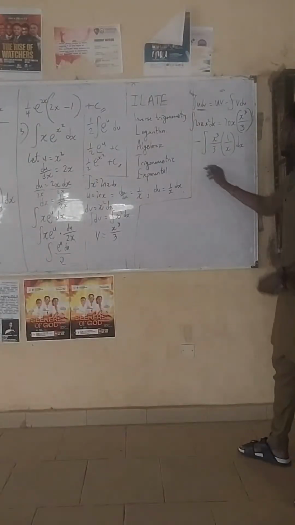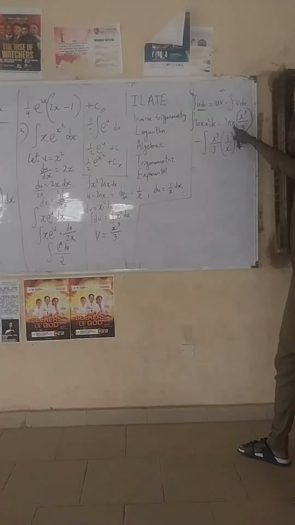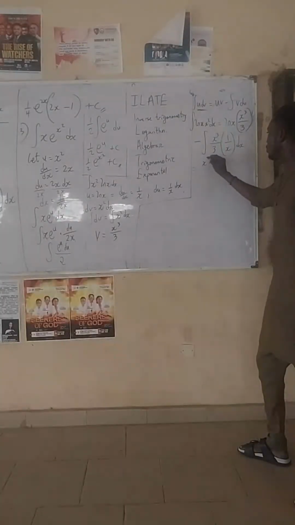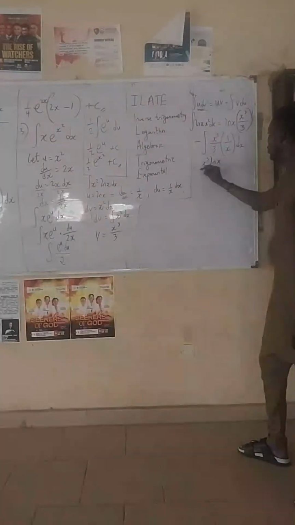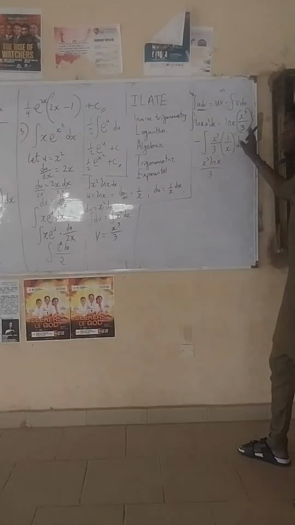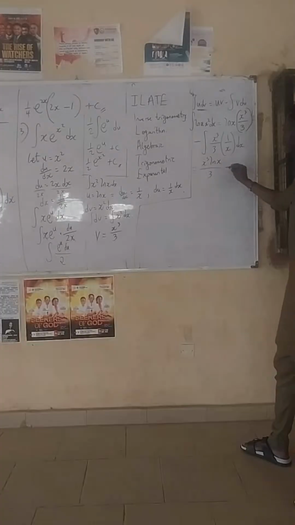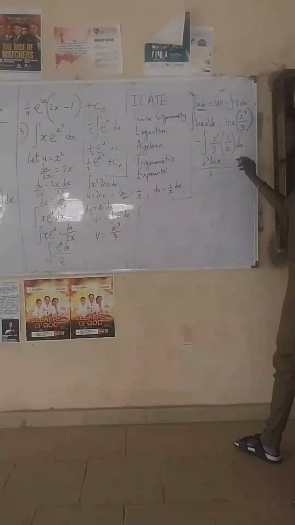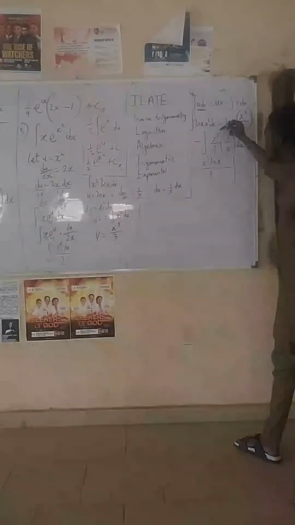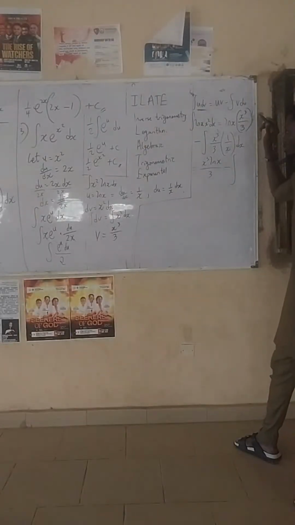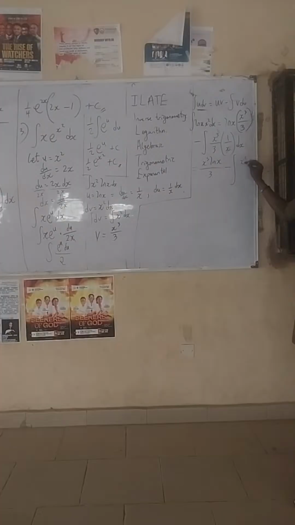Now if we continue from here, ln x times x cubed over 3, nothing can cancel, so that would be x cubed ln x over 3, right? Now for this one, minus the integral. Because we multiply by the x here, we cancel one of the x, remaining x squared over 3 dx.